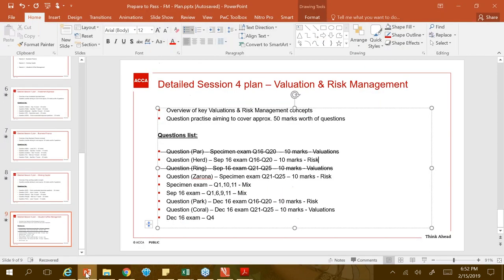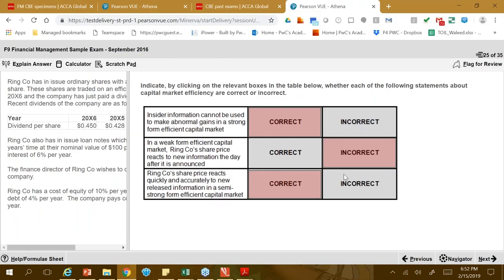Can I now ask you to go into a question called Herd? The Herd question from the September 16 exam, which is already open with me here.